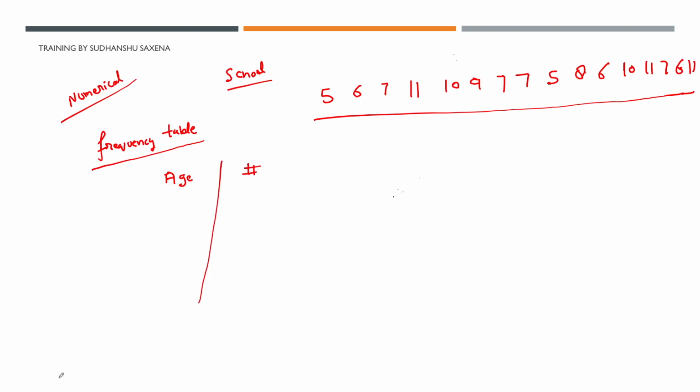So I'll just forget about this tilted line over here. So we have age. How many kids do we have with age 5? So we have 1, then we have 2 kids, the number of kids are 2. Then we have 6 over here, then we have 1, 2 and 3, so we have 3 kids who've got the age of 6. Then we have 7, so I'm just marking it so that you can remember, 1, 2, 3 and 4 kids who are having the age of 7.